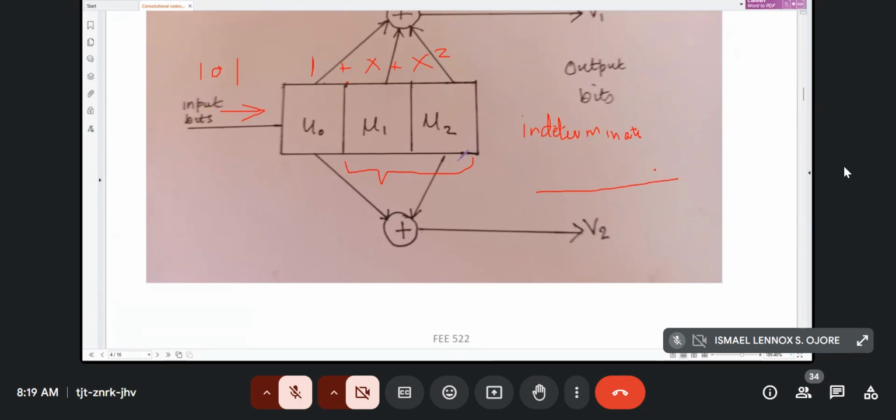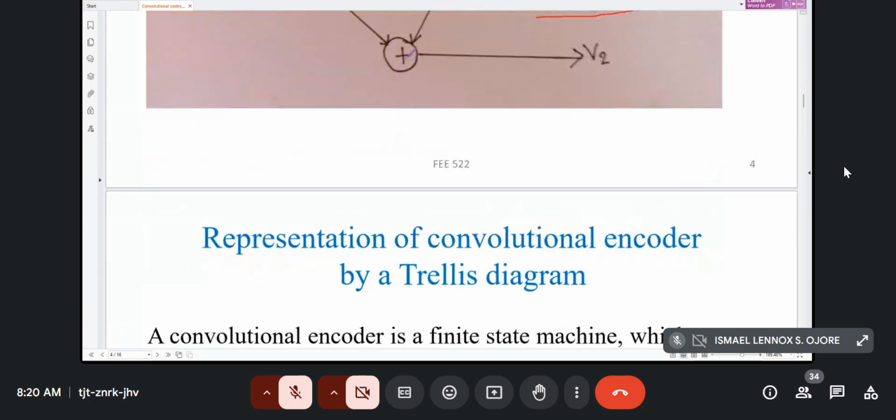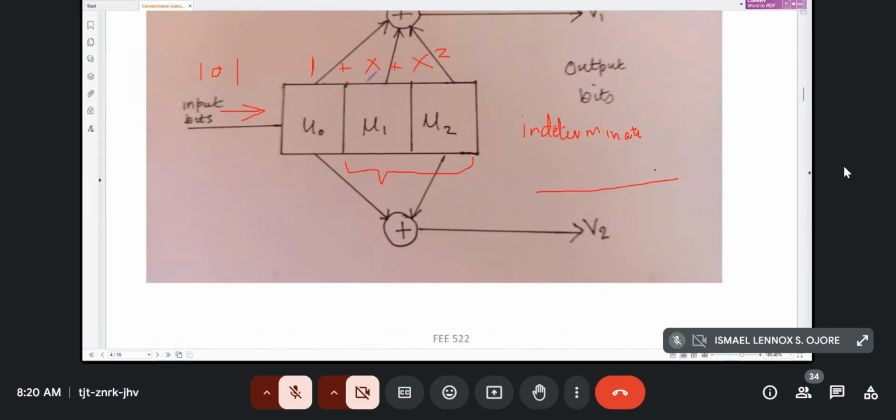So we can have this state. Because the state bits are 2, this can be 0 0, 0 1, 1 0, or 1 1. We call this a finite state machine, because it has these 2 state bits.